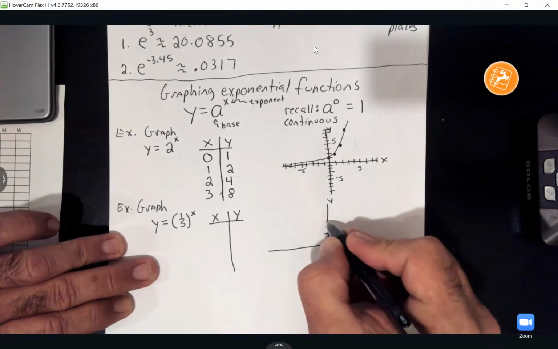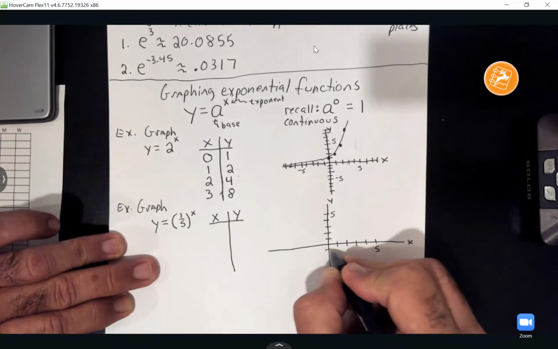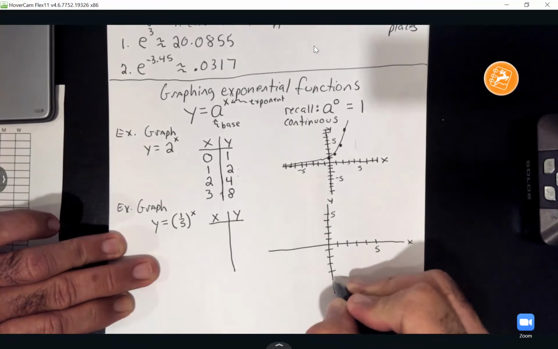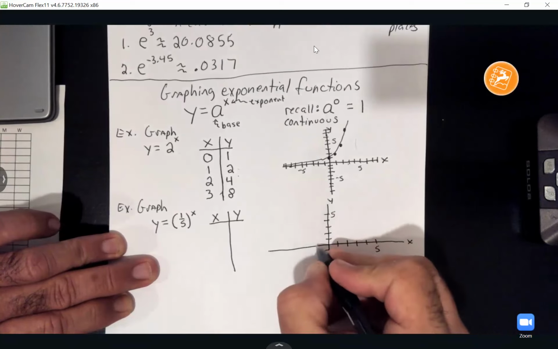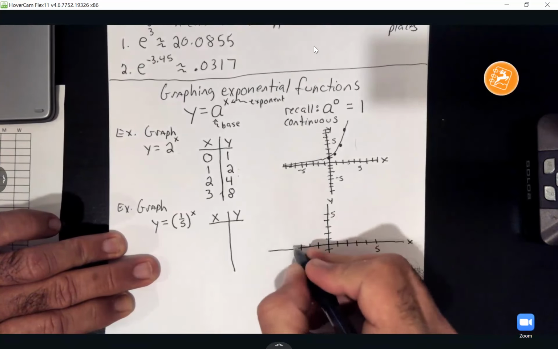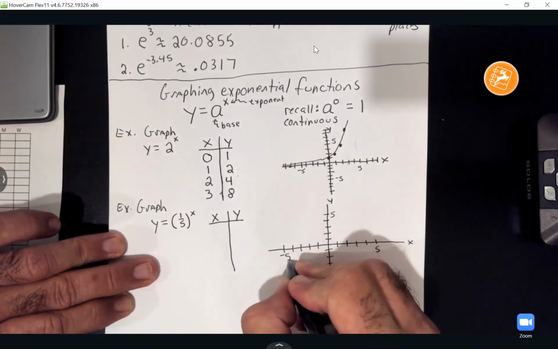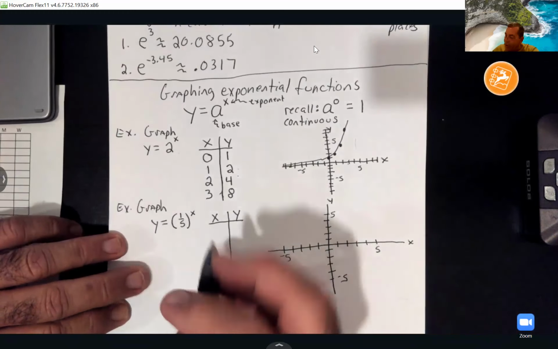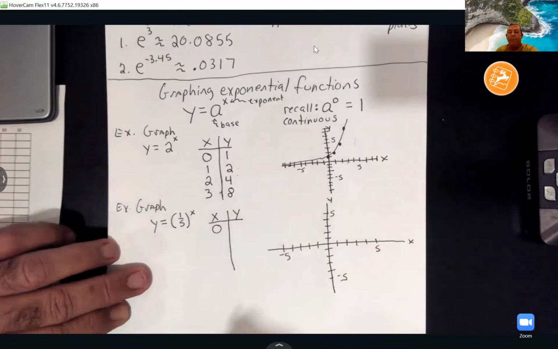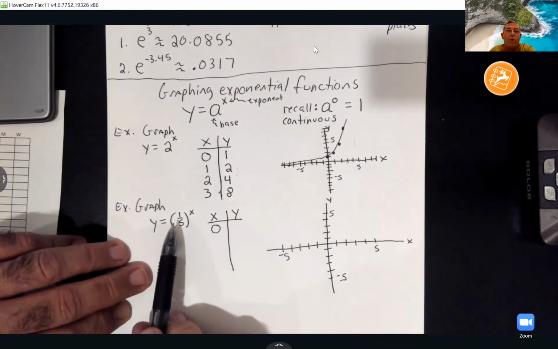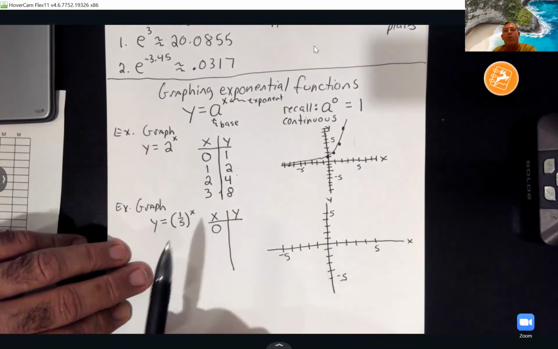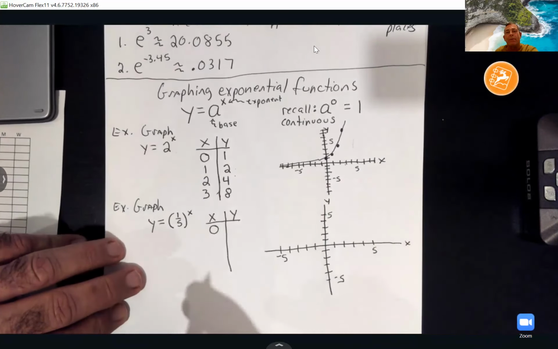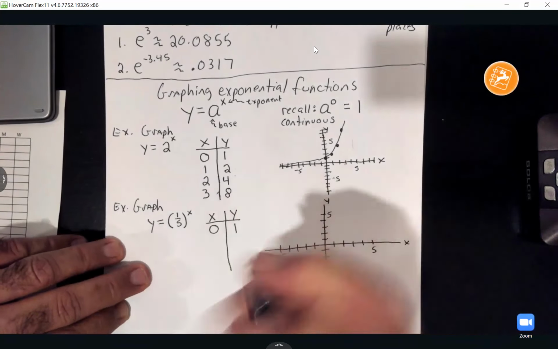I'm just going to go out about 5, y'all. So I'm going to put a 0 in here. So this fraction, 1/5 raised to the 0. What's that going to equal? 1. 1, there you go.